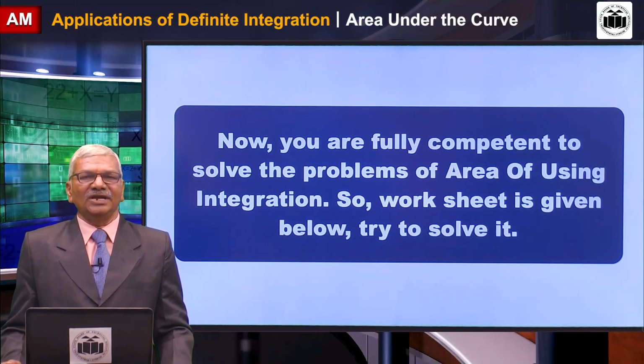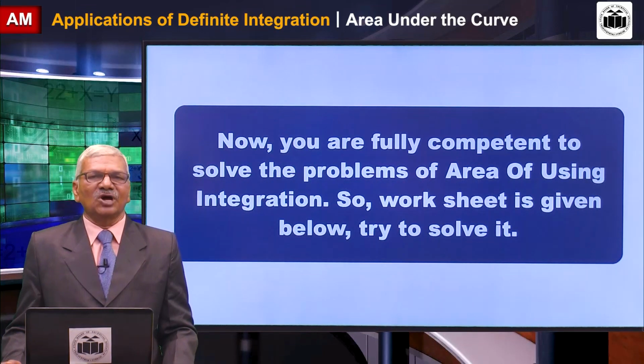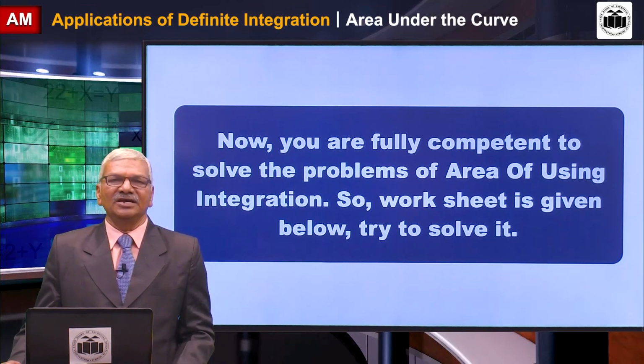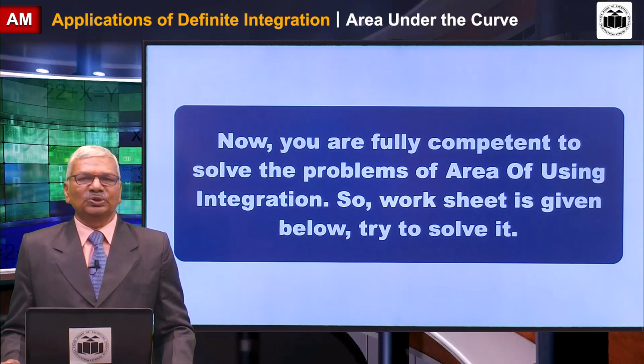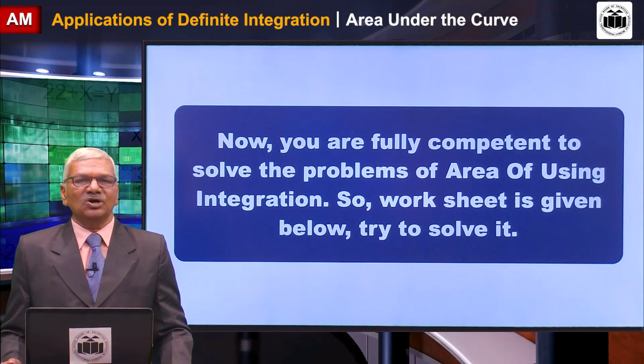Now you are fully competent to solve the problems of area using integration. So the worksheet is given below. Try to solve at your level.